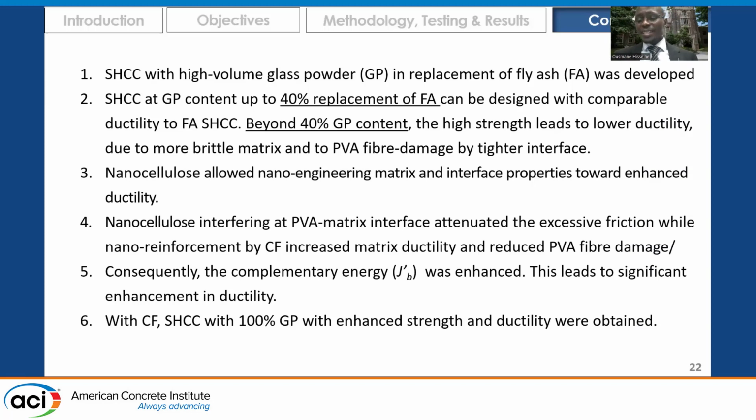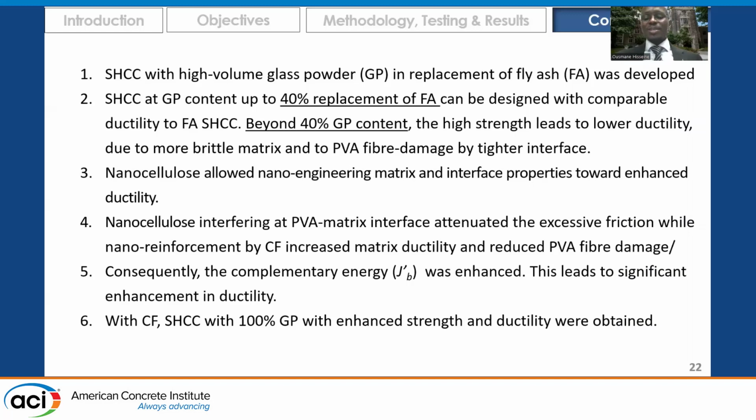However, by adding nanocellulose, we were able to make the system much more ductile, because at higher capacity obtained by ground glass addition, there is tendency to even damage the fiber. The fibers get damaged easily due to the tighter interfacial transition zone.